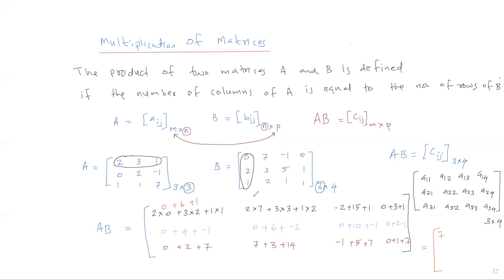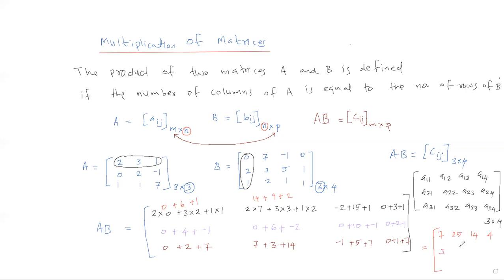Next, 14 plus 9 plus 2, that is 25. Then minus 2, 25 minus... 2 plus 15, 15 plus 1, 16, 16 minus 2 is 14. 0 plus 3 plus 1, 4; 4 minus 1, 3.